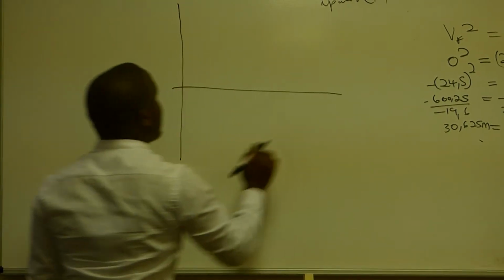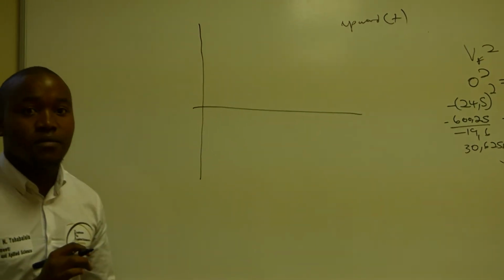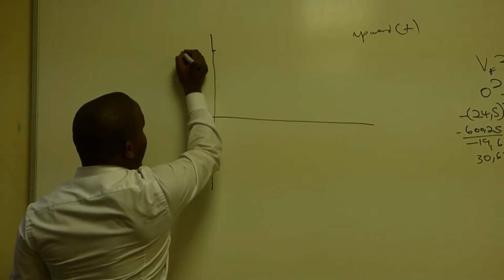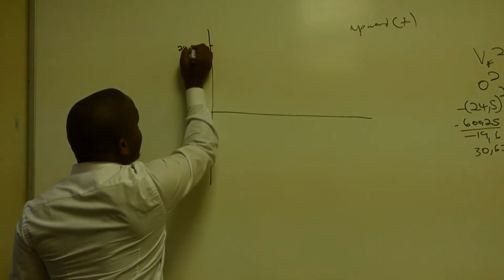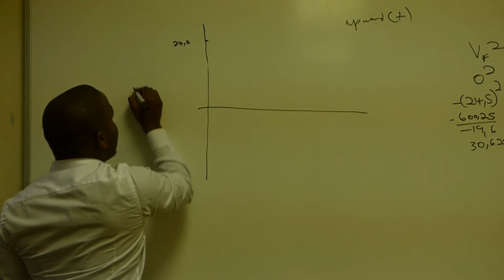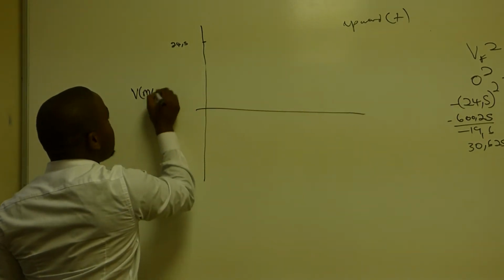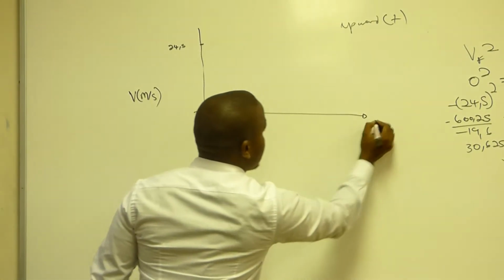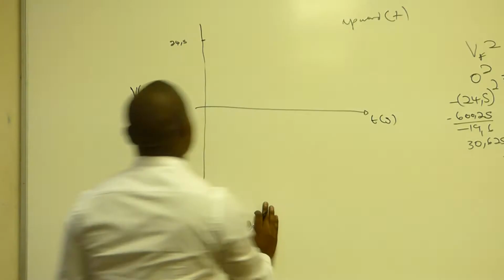Good. What was the initial velocity? 24.5. Here I'll have velocity in terms of meters per second. Here I'll have time in terms of seconds, right?